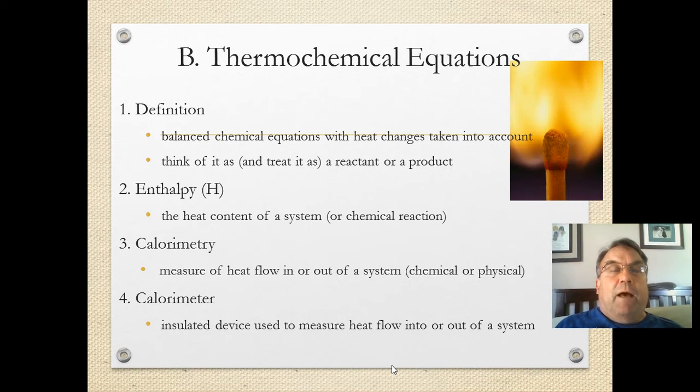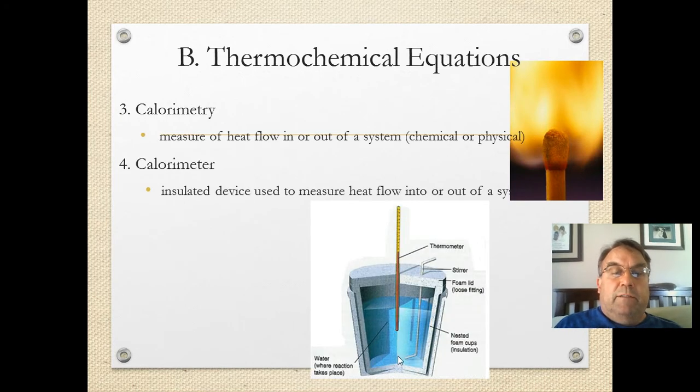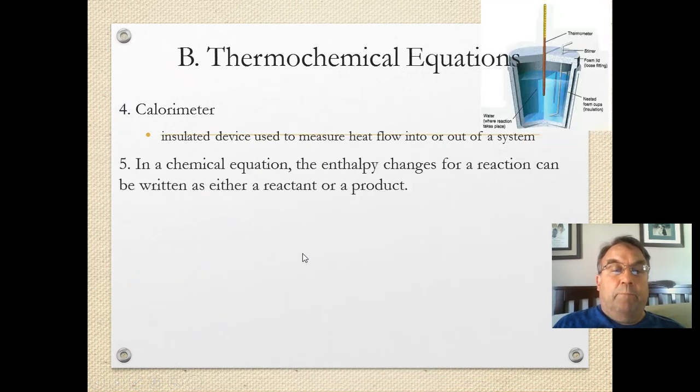Now, if you think about it, what would be the most important measuring tool in a calorimeter? Here's a basic calorimeter, and you can see that its most important part, other than the insulation, is the thermometer to measure the temperature changes as the heat is transferred.